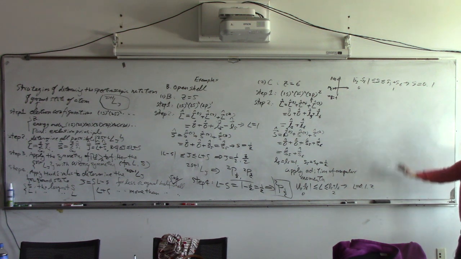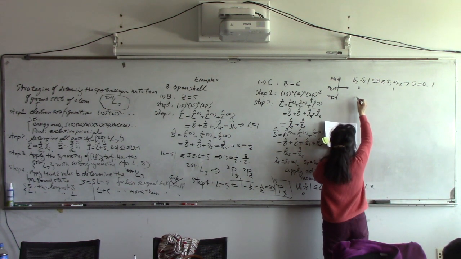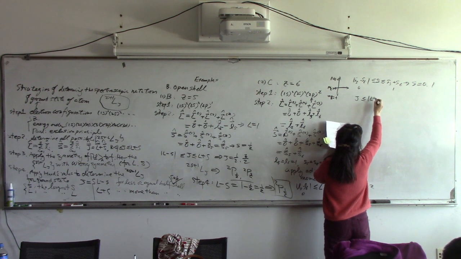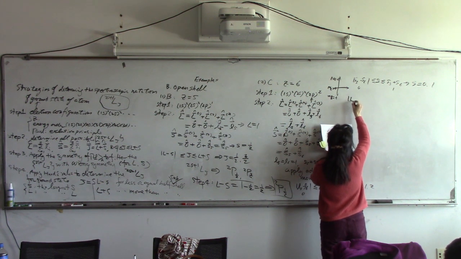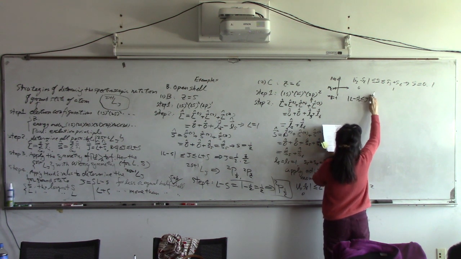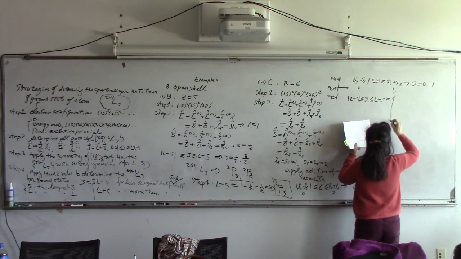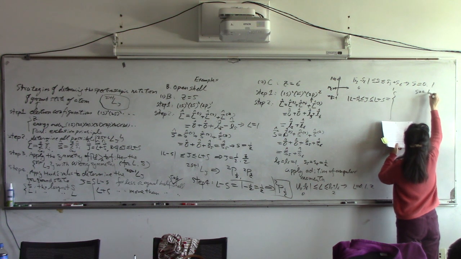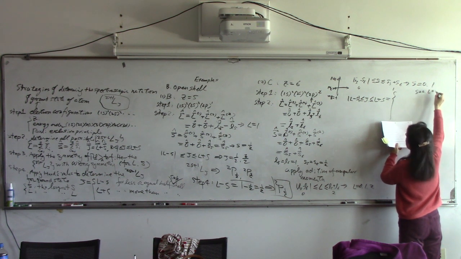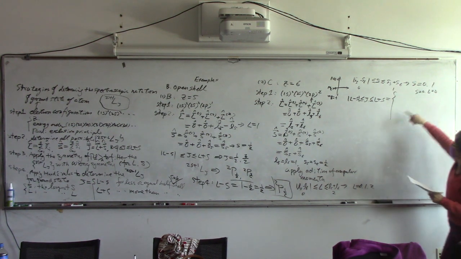Now, for a given S, we have different L, then we have a different spectroscopic notation. Now we are going to determine J, which has possible values depending on S. Let's select S equal to 0 and L equal to 0, so J is only 0, right?